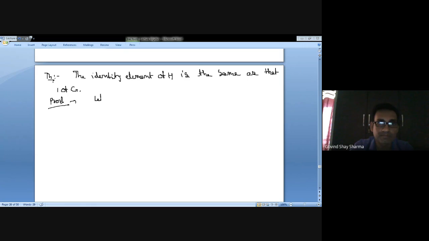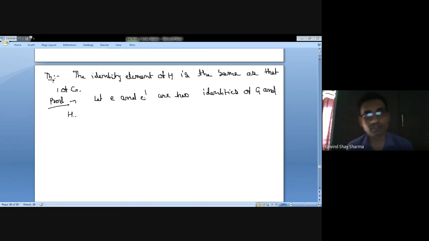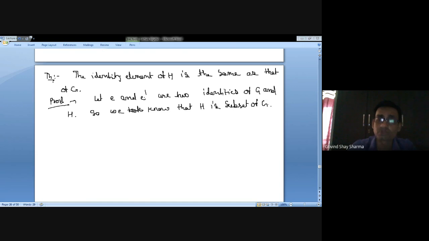Let E and E dash, we will prove by contradiction, that E and E dash are two identities of G and H. We take E as the identity element for G and E dash as the identity element for H. We know that H is a subset of G. H has elements from G. H के जो element होंगे, this is the part of G.